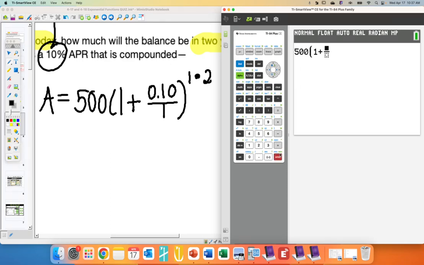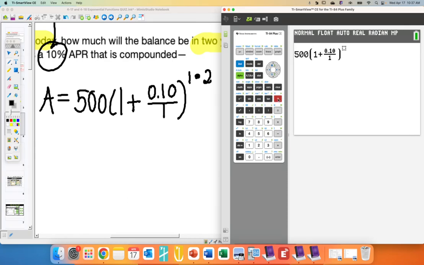So then I'm going to type in the 0.10 over 1, alpha y equals. Press enter again. Sorry, alpha y equals, but then you press enter. I'm sorry, I left that part off. 0.10 over 1. And now I'm raising it to the power of 1 times 2.